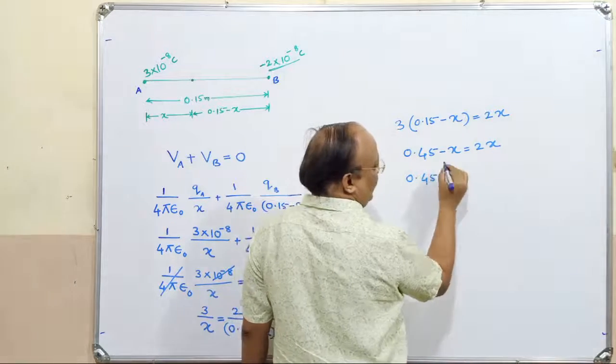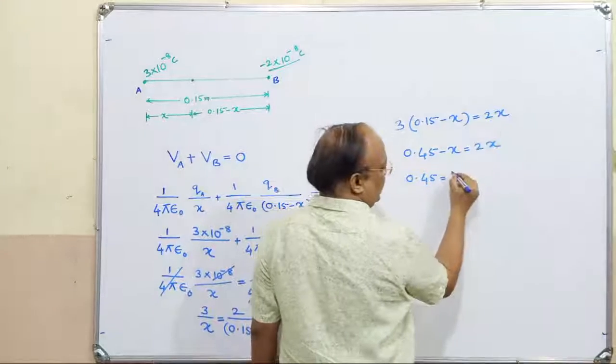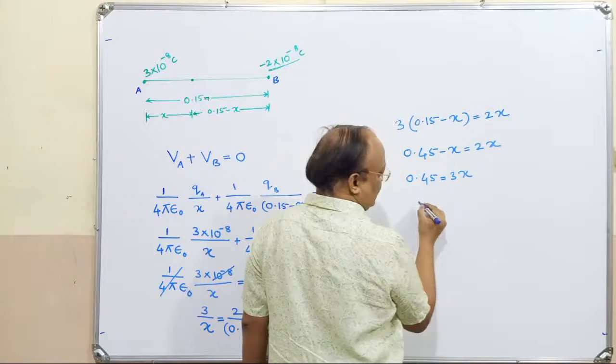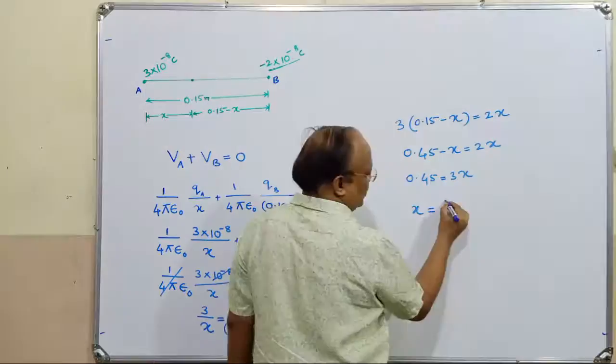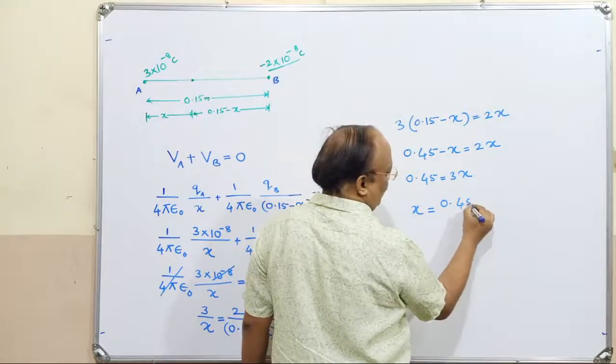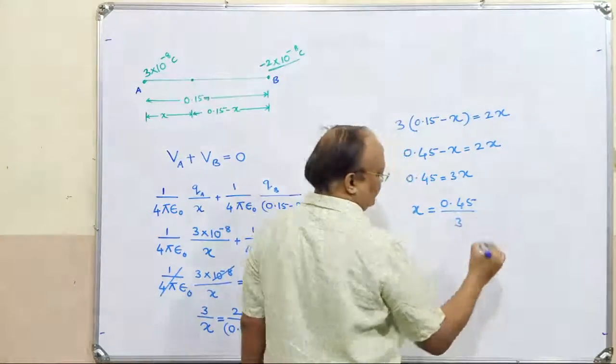So 0.45 is equal to, if x is taken that side, 5x. So x is equal to 0.45 by 5.